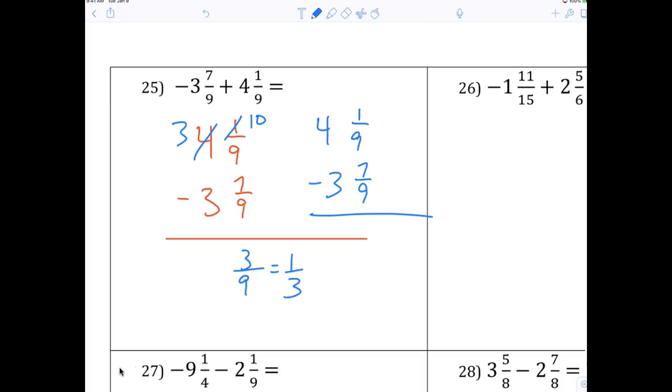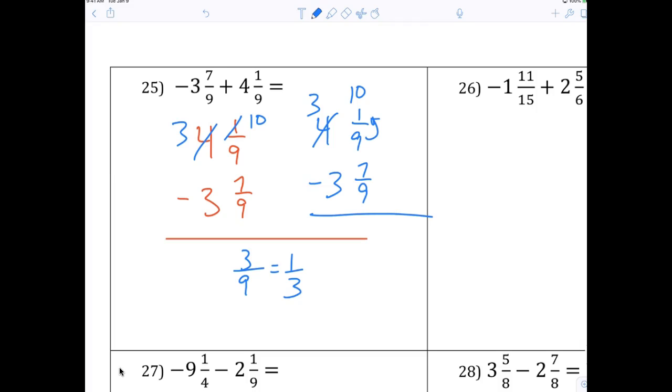No, you cannot. That is correct. You cannot subtract 1 minus 7 in this case. So you borrow from the 4, make it a 3, then you add the 9 and the 1. There you go.